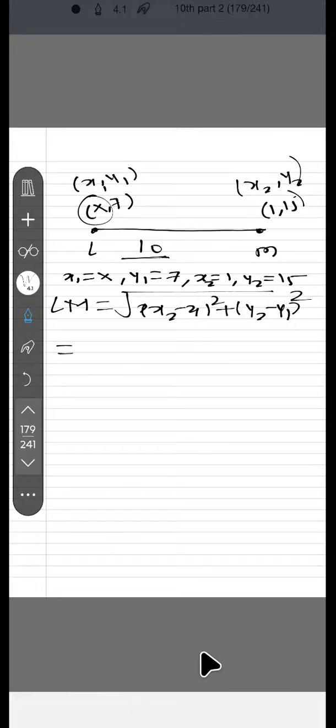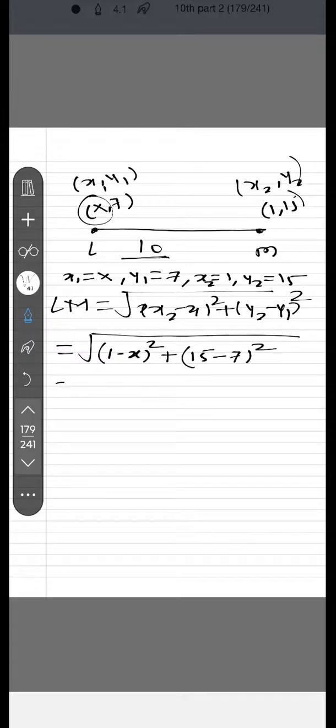So the square root of x2 minus x1: x2 is 1 and x1 is x, so (1 minus x) square, plus y2 minus y1, which is (15 minus 7) square. That gives the square root of (1 minus x) square plus 8 square.